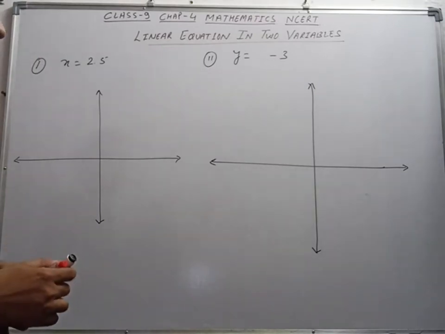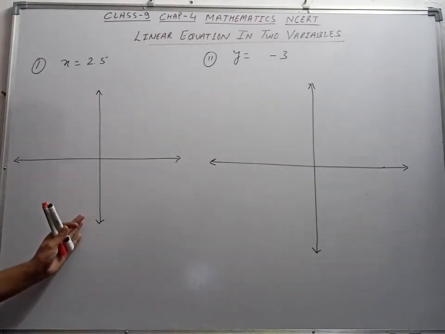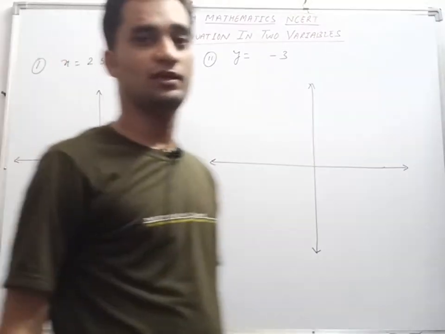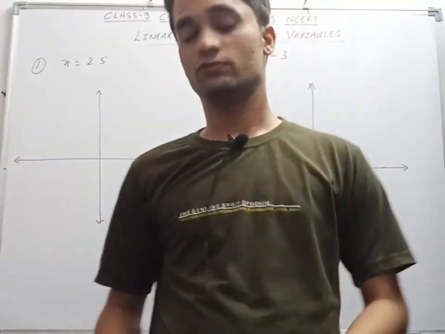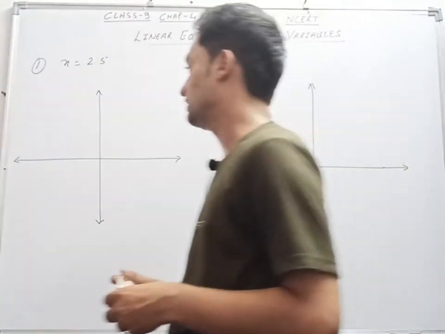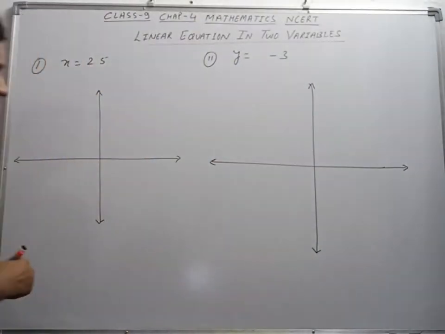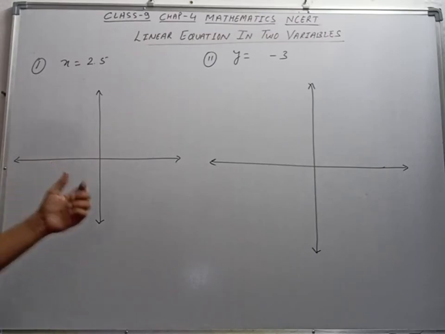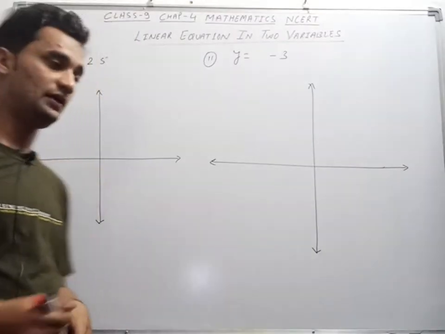This is a plane, but for one variable, as you know, we need to make the number line also. So x is 2.5. Let us see.